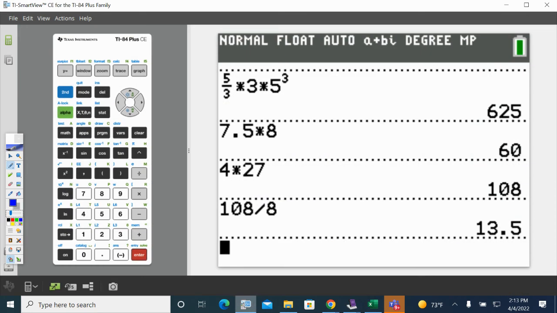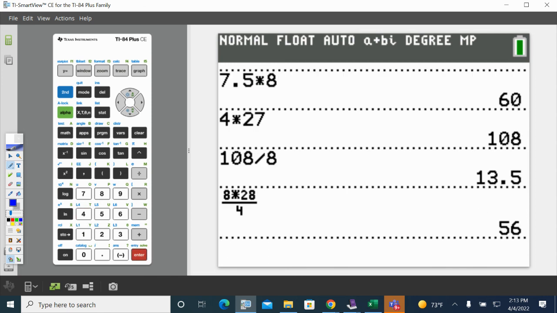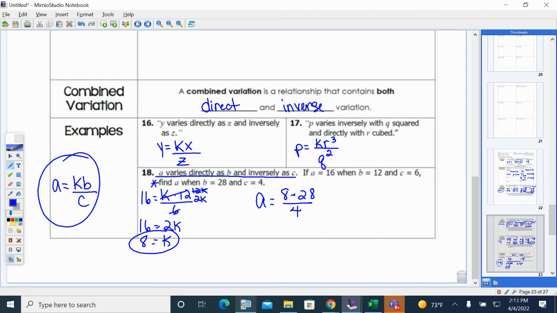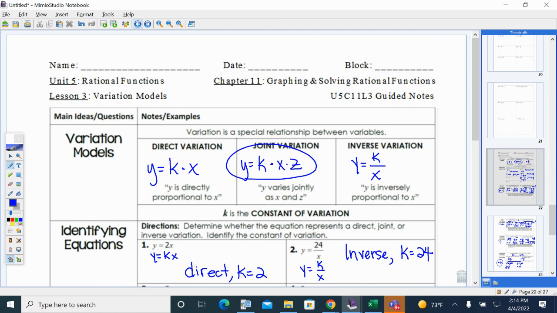So 8 times 28 over the 4. And I get 56. So A equals 56. All right, those are your notes for Chapter 11, Lesson number 3.